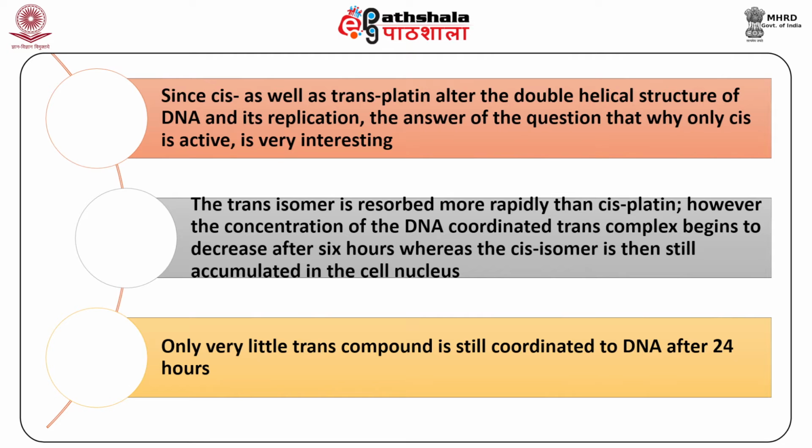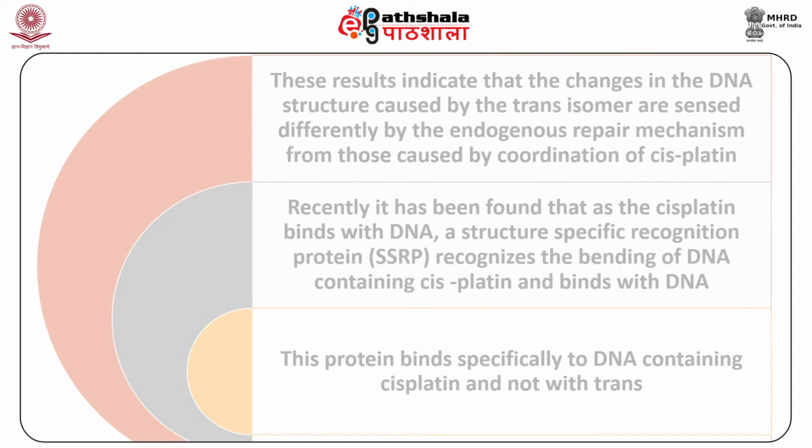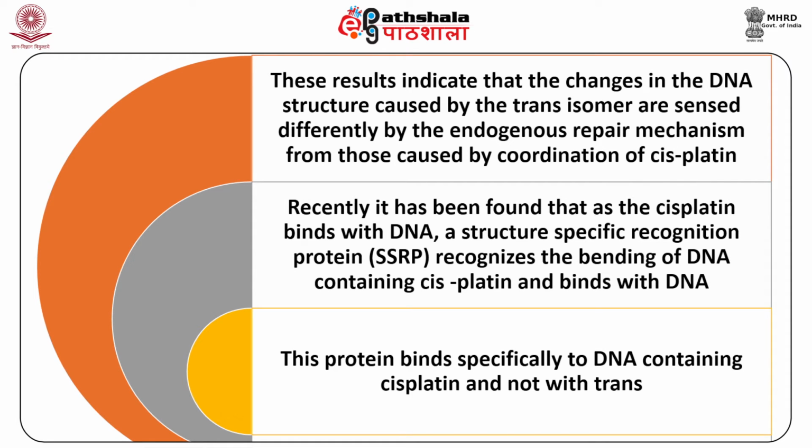However, the concentration of DNA-coordinated trans complex begins to decrease after 6 hours, whereas the cis isomer is then still accumulated in the cell nucleus. Only very little trans compound is still coordinated to DNA after 24 hours. These results indicate that the changes in the DNA structure caused by the trans isomer are sensed differently by the endogenous repair mechanism from those caused by coordination of cisplatin.